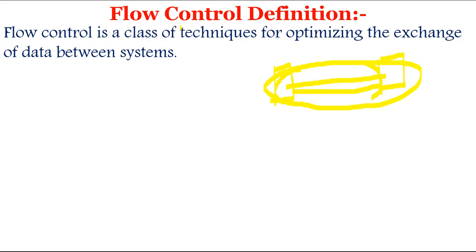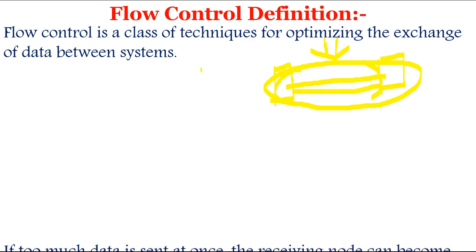Optimizing means how good and successful that transmission or exchange is. So there should be optimization for data exchange between two systems, and we can use this flow control technique.